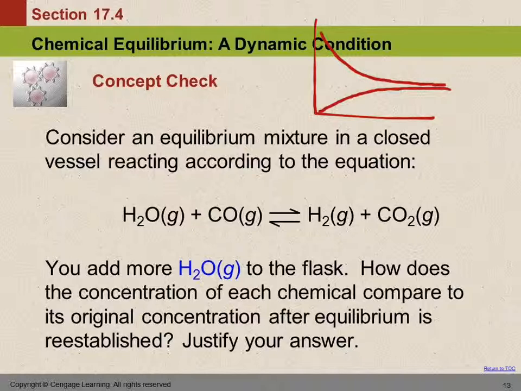So if we speed up the forward reaction, how's that going to affect the concentrations of these chemicals? Is the hydrogen and the carbon dioxide going to be higher afterwards or lower than it was before we added the H2O?